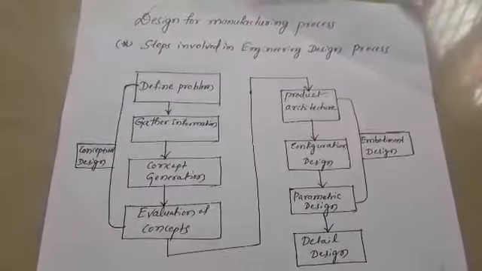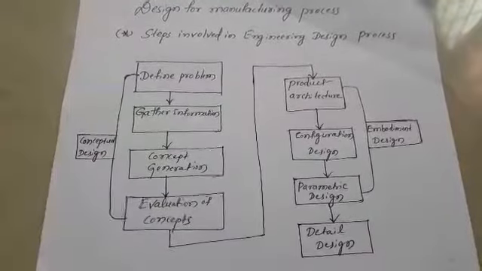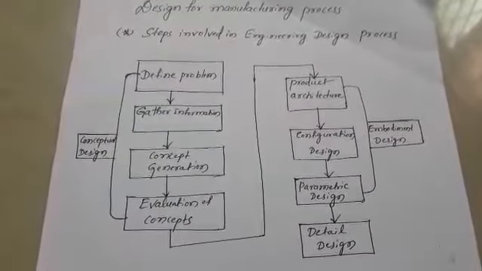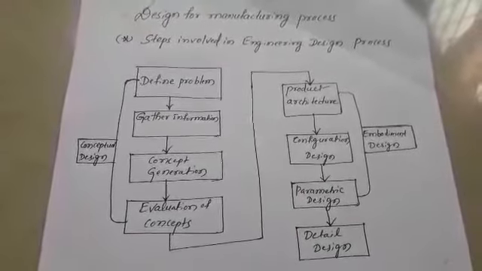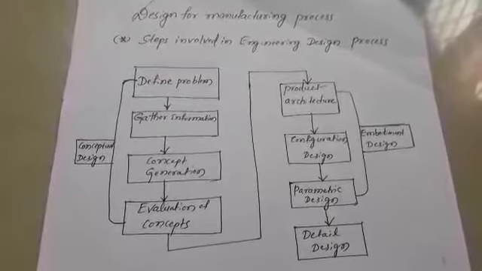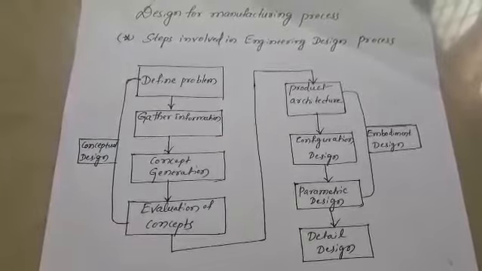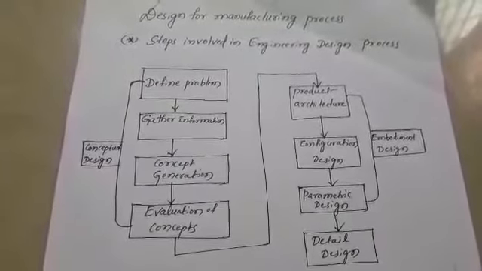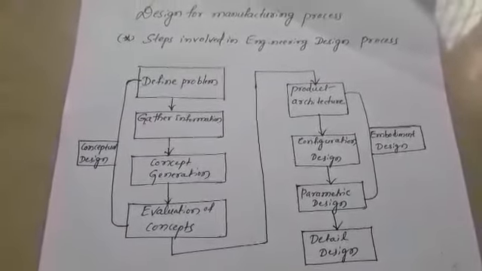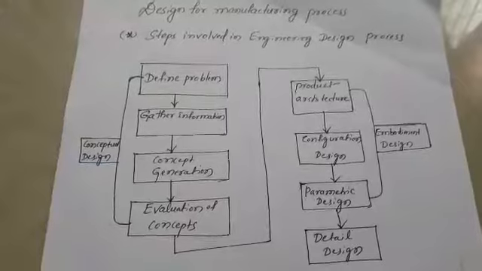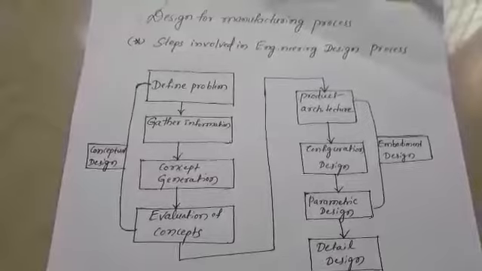And next is concept generation. This concept generation we also call conceptualization. In this step, we generate a set of concepts, and whatever concepts we generate should potentially satisfy the customer statement or problem statement. And the next step is evaluation of concepts.